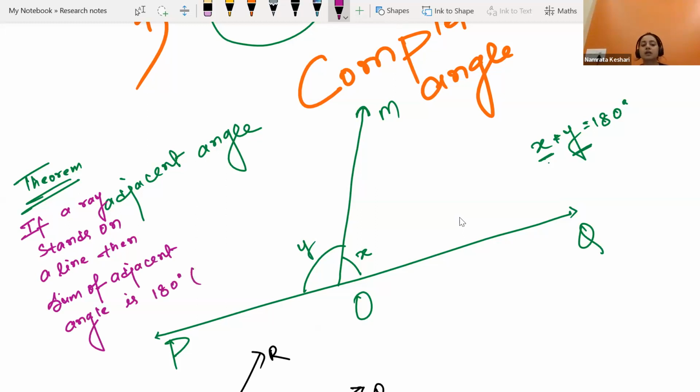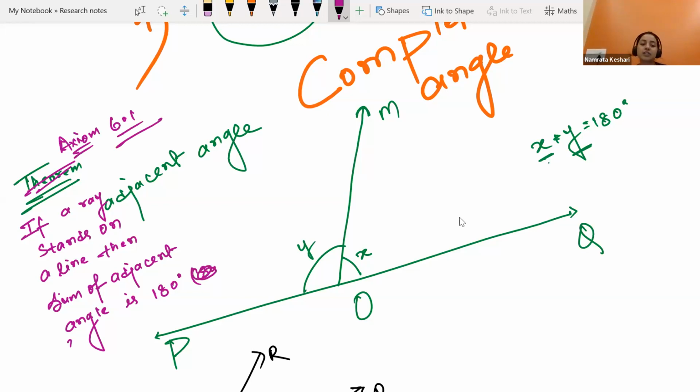This is axiom 6.1. Yes, it is written as an axiom in your book, not a theorem. You will be able to match it up. So if a ray stands on a line, then the sum of adjacent angles is 180, or adjacent angles are supplementary with each other.